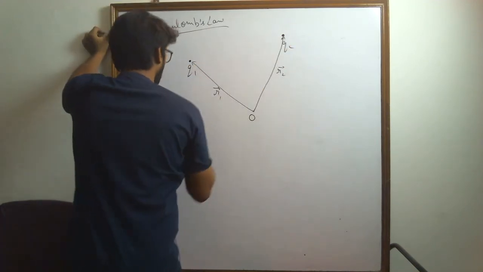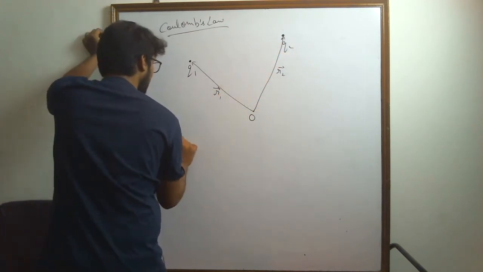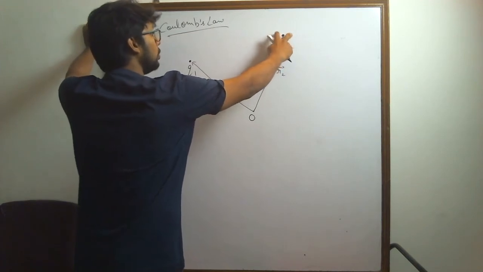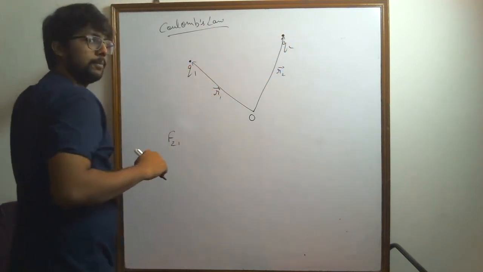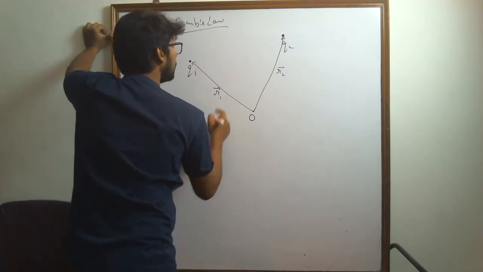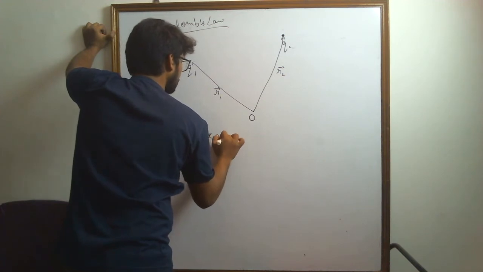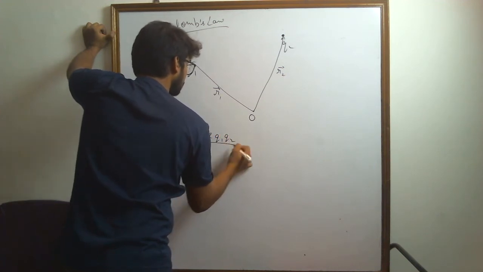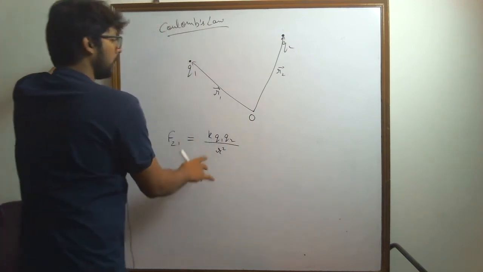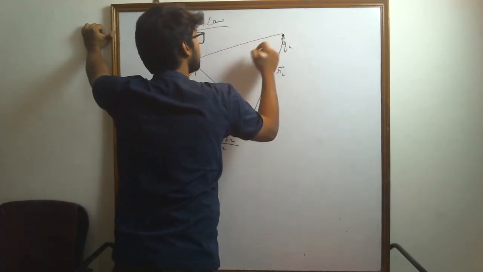So, force on Q2 by Q1, this is how we are denoting it, is equal to K Q1 Q2 upon R square. But what is this R? This R is this distance.